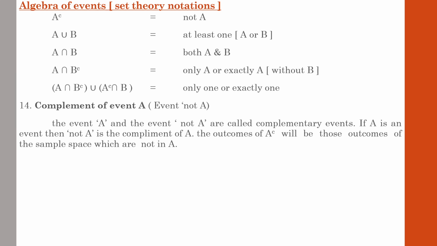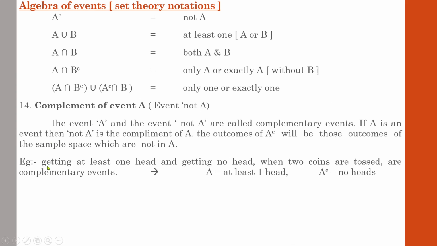We will discuss the same with an example, then you get a clear idea about that. Getting at least one head and getting no head when two coins are tossed are complementary events.